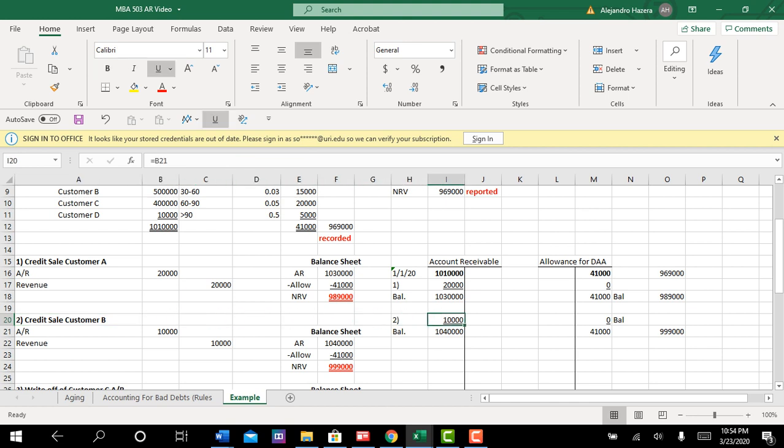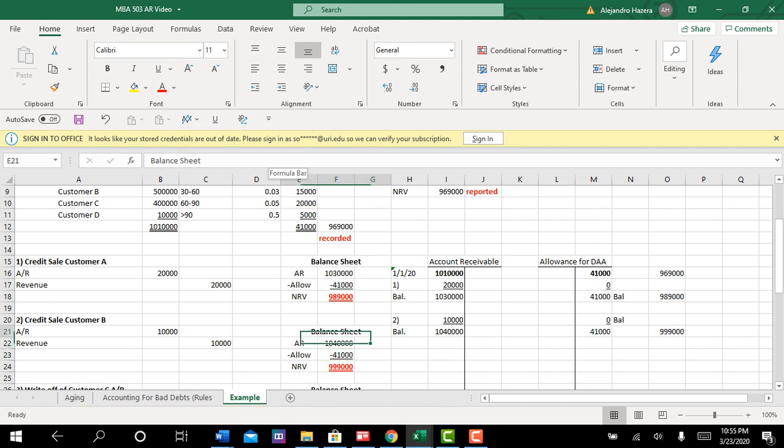Okay, so what we have here is our accounts receivable are $10,000 higher. Our allowance is still the $41,000 it was before. So the rules stay the same. When you have a credit sale, your accounts receivable goes up, your allowance stays the same. So as a result, your net realizable value will change because of the extra $10,000 that you added to accounts receivable.